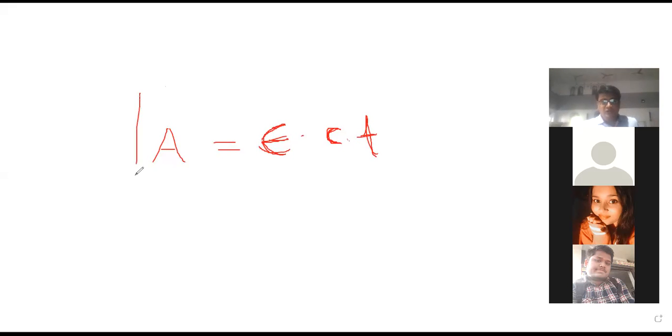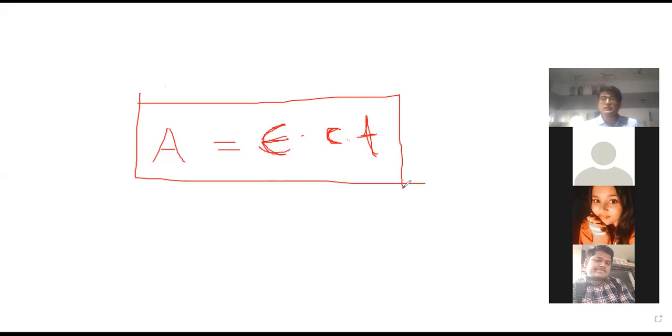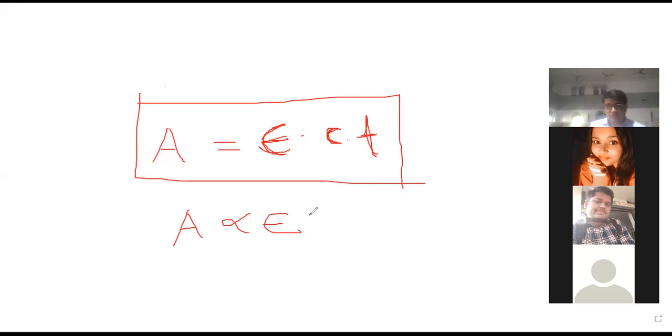So with this equation of absorbance, which is the basis for electronic spectroscopy, absorbance is directly proportional to epsilon value. So it means that if epsilon value is more, absorbance is more. If epsilon value or molar absorptivity is less, then absorbance value is less.